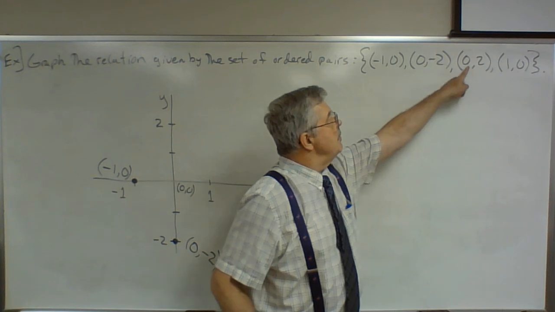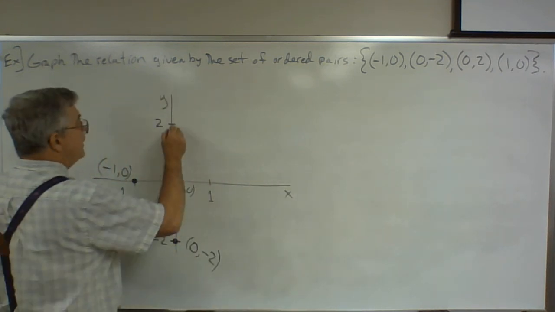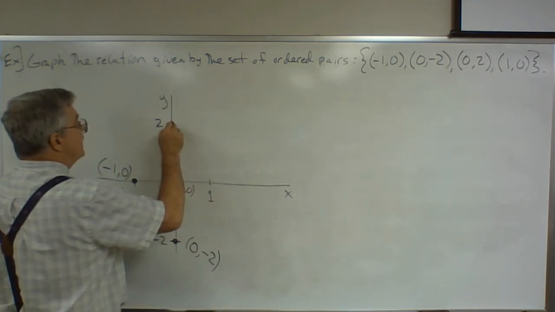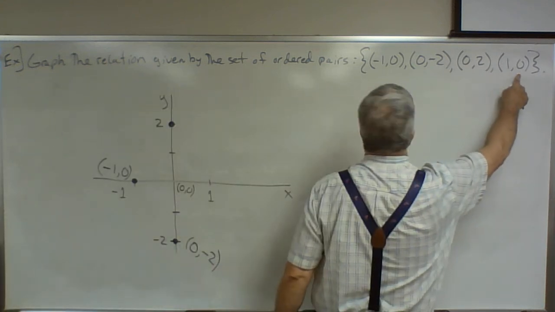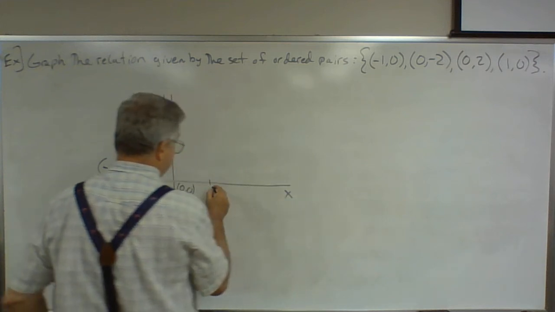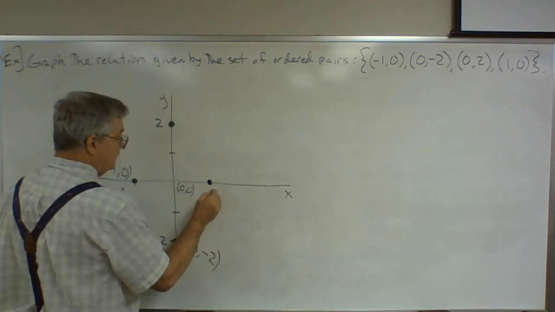X equals 0, y equals +2. That's right here. And x equals 1, y equals 0. 1, 0.